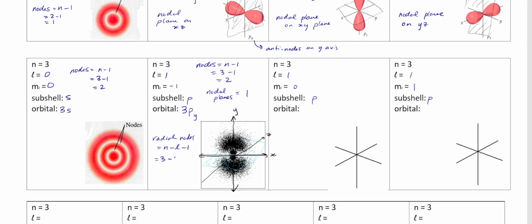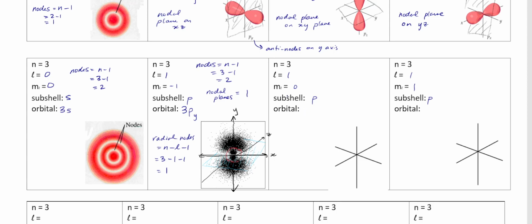So 3 minus 1 minus 1. So I have one radial node. And hopefully you can see where it is. The radial node is actually in the middle here, in between these two regions. You can see that there's a lighter region right here. So we have a nodal plane that cuts through the middle and then a spherical node that goes around it.